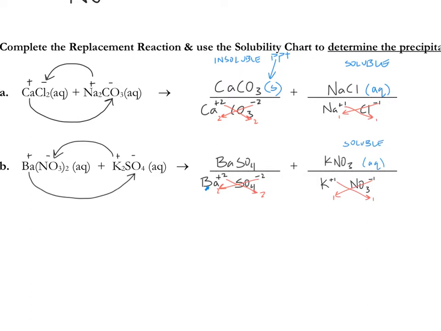So instead of being soluble, it is the opposite. It is insoluble, which means this will form a solid. This is my precipitate. So the solid indicates that it is my precipitate.